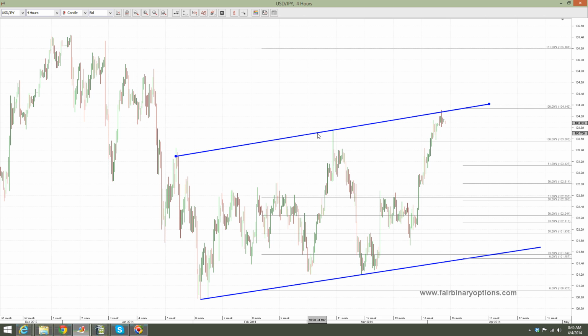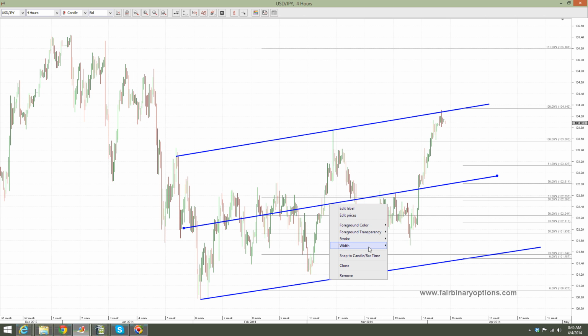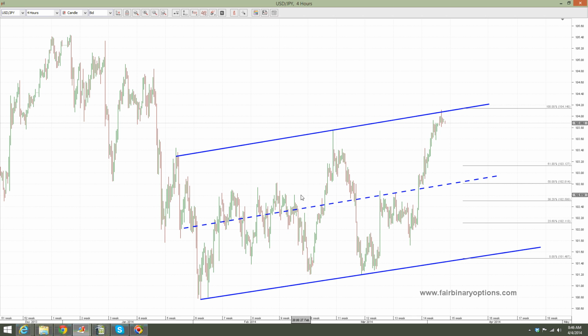Now if you clone this line from here again and drop it to the downside like this into the 50% retracement, there you go, we have our channel divided into two equal parts.